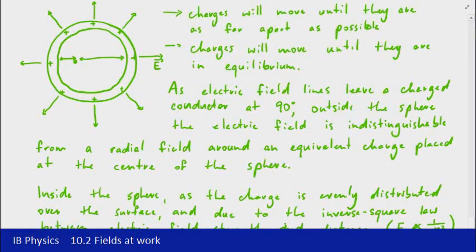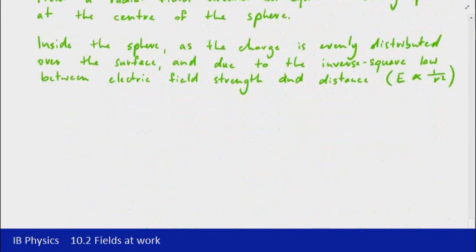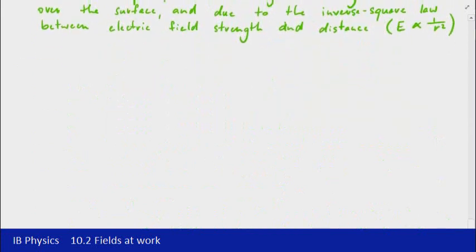So combining those effects across the whole surface of the sphere, what we'll see is that the electric field strength inside the charge is zero. Or in other words, there is no electric field inside the charge. Sorry, inside the sphere.